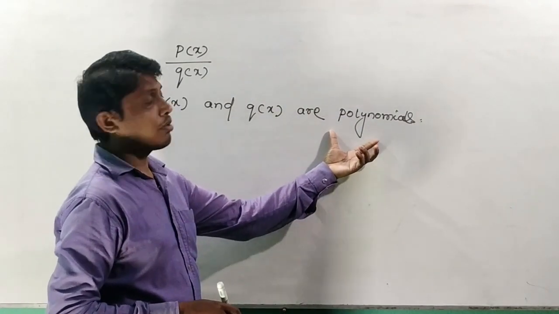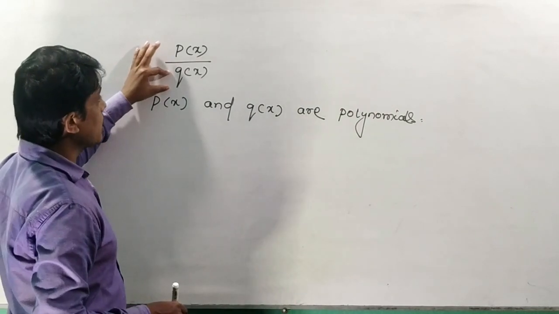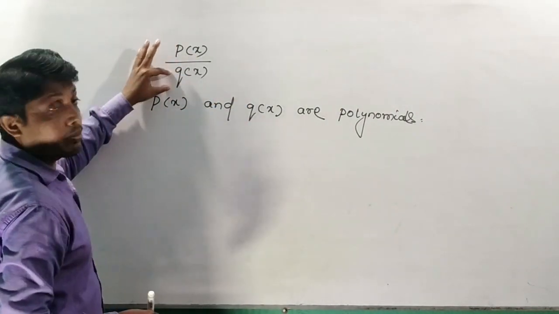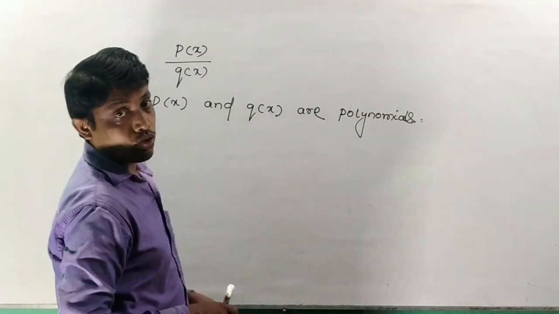Polynomials means algebraic expressions. So p of x by q of x is called a rational function.